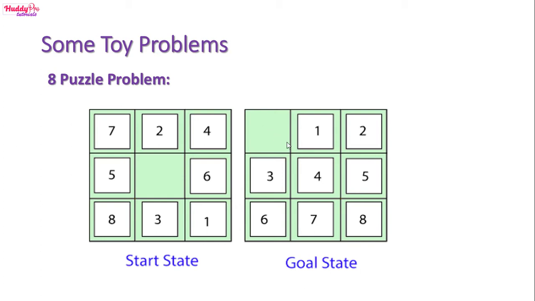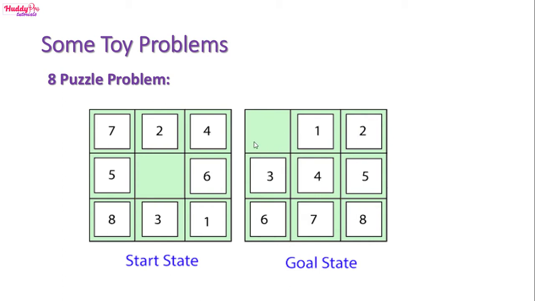Now the objective of this puzzle is to reach a specified goal, which is similar to the goal state shown in this figure. So this is the start state, the initial state, when everything is disorganized. These tiles are not arranged in any order. So your goal is to arrange these tiles in ascending order from 1 up to 8.